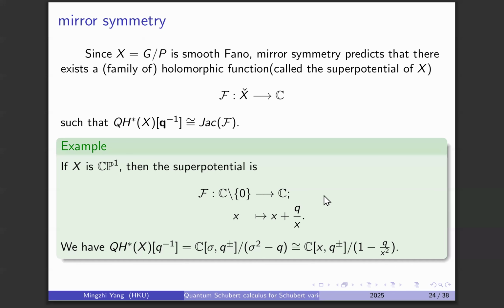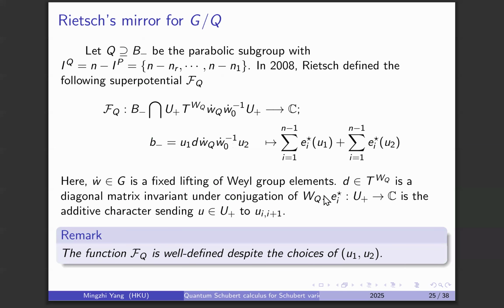And we can even consider general flag varieties. P^1 is just a simple example, and the superpotential had been constructed by Rietsch in 2008. And the definition looks like this. The domain lies in a Borel subgroup B minus, and you need to take the intersection with this thing. Here U plus is upper triangular nilpotent, and T is a torus, and w, w naught are just Weyl group elements.